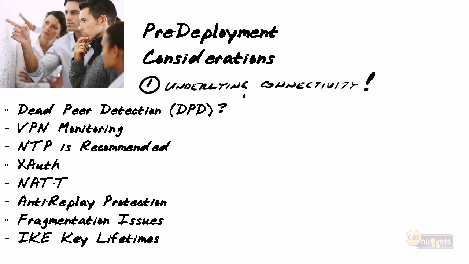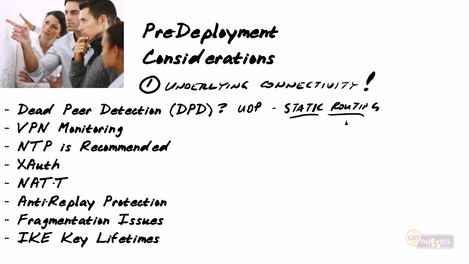Dead peer detection, which uses UDP protocol, basically sending kind of hello messages to the other peer. Now, typically, we'll use dead peer detection when we're doing static routing. And this should make sense, right? Because if we're using a dynamic routing protocol like OSPF, well, OSPF will both detect a failure and it can even default over to some other route, right? So typically we use DPD when we're using static routing with either policy-based VPN or route-based VPN.